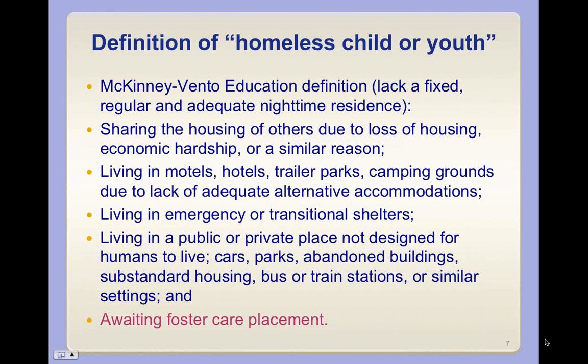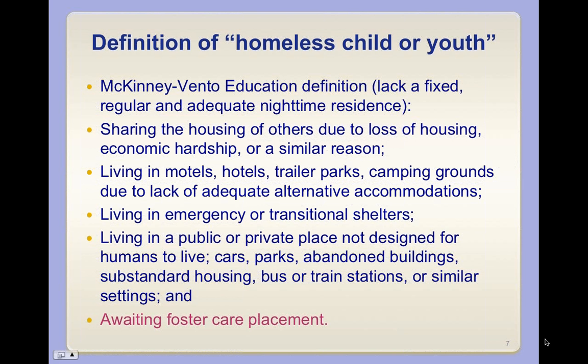But those of you who have been working with foster students know that there are particular requirements in California Education Code that relate to children and youth who are in foster care. So I don't want to create any confusion between, well, is this McKinney-Vento or is this foster youth? Most of the protections in AB 1806, in fact, all of them, have been in place for youth in foster care for many years.